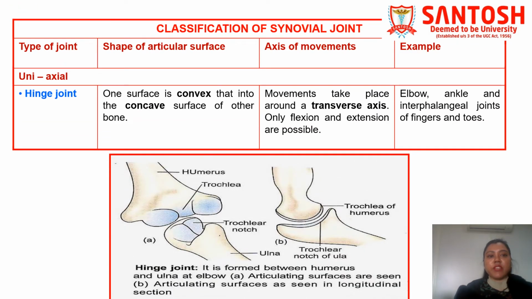We can classify it as uniaxial or hinge joint. One surface is convex and the other is concave. This is a hinge joint working around the transverse axis, for example interphalangeal joints, elbow, ankle, and the fingers and toes.